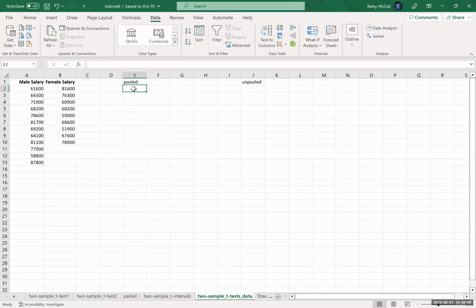So remember that, first of all, both of these cases are assuming that the data is independent. One easy way to tell that is if the sample sizes are different, as it is in this case. Equal sample sizes does not guarantee that it's paired. You want to look at how the data was collected.